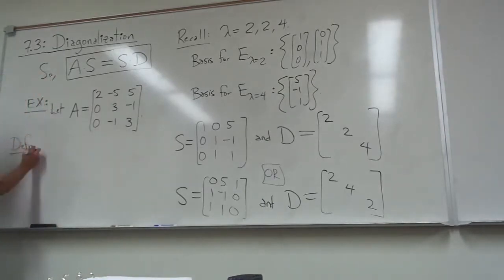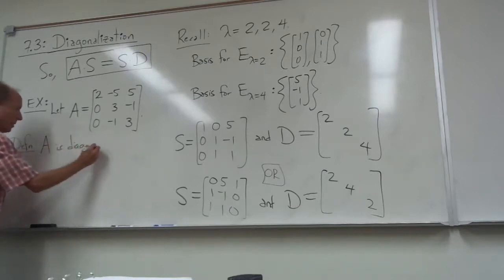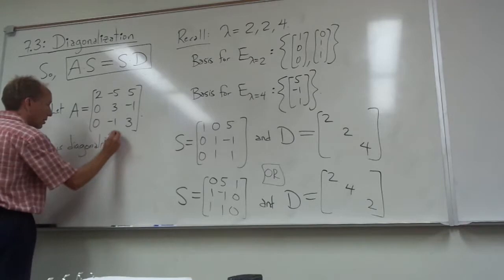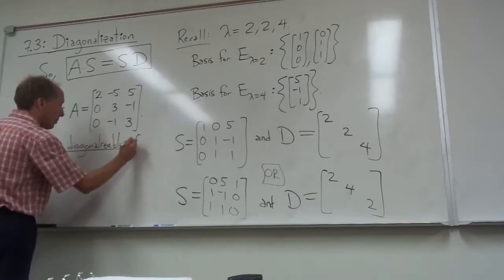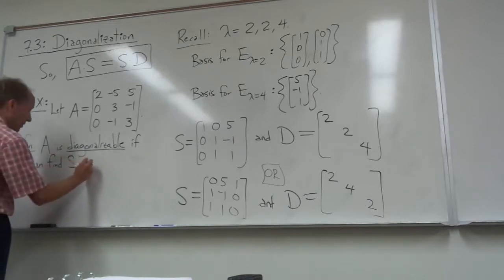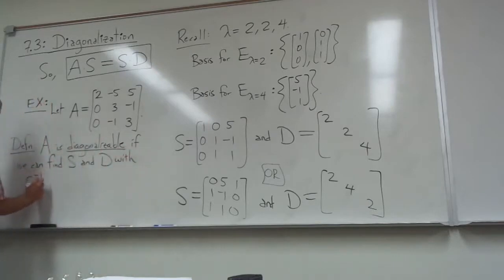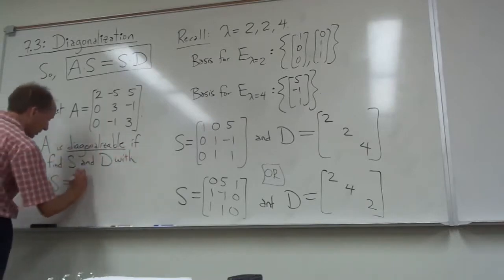So definition: A is diagonalizable if we can find S and D with S inverse AS equals D.